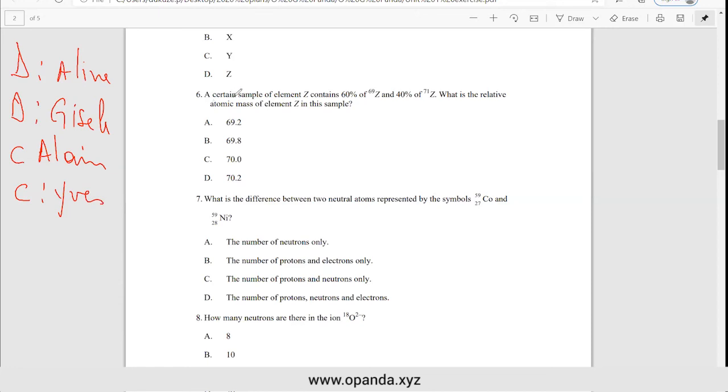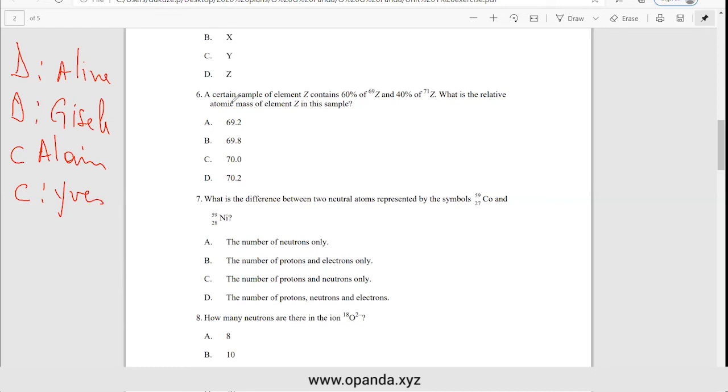By this, we find that the number of neutrons is not the same. Even on protons, we know that protons is equal to atomic number, and we see that here there are different atomic numbers. The same case on electrons, which means that those two neutral atoms have different numbers of protons, neutrons, and electrons.